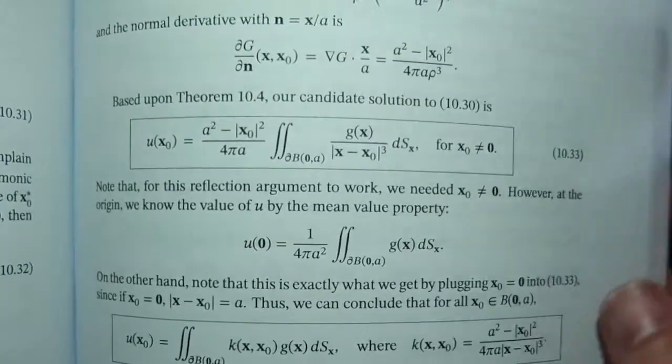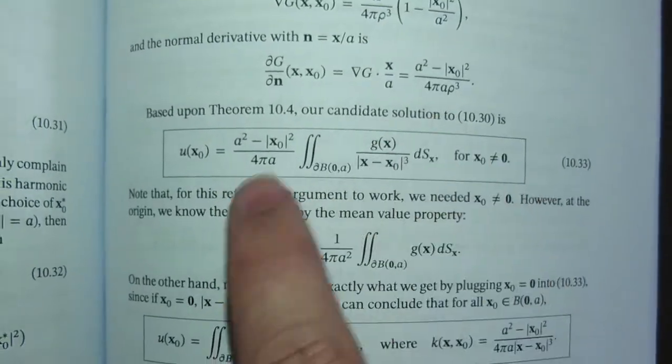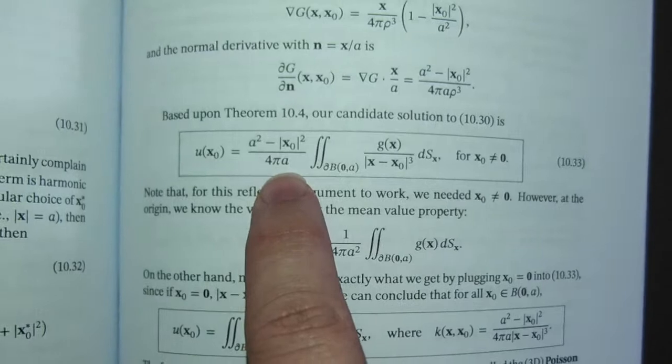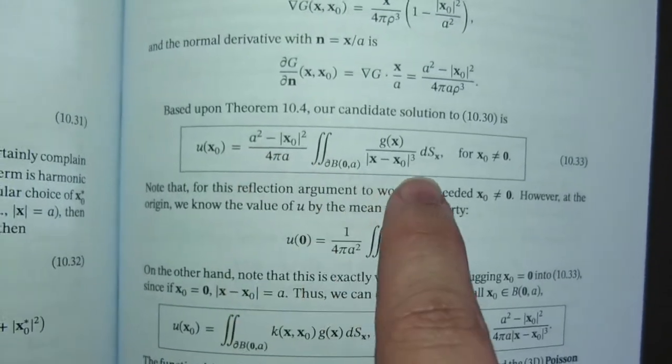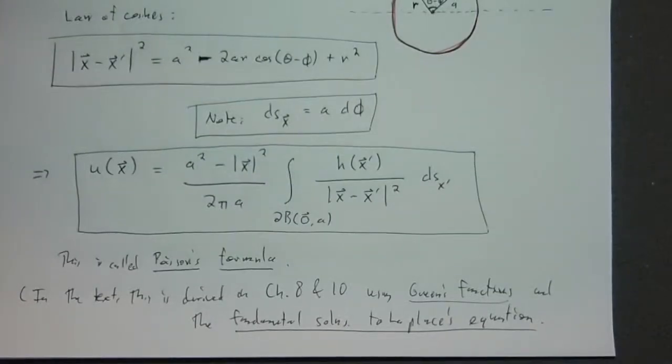Here, look at this. Now this 4 pi a is what? What is that? Well, look at how similar this is to our formula here, to convince yourself that we did it using separation of variables to get us here so that we didn't have to go through all the Green's function stuff.